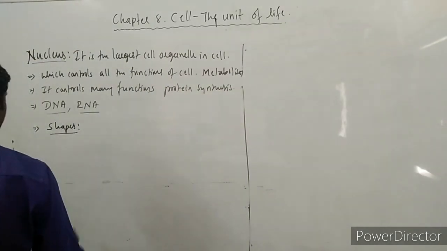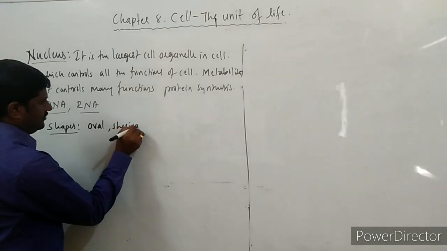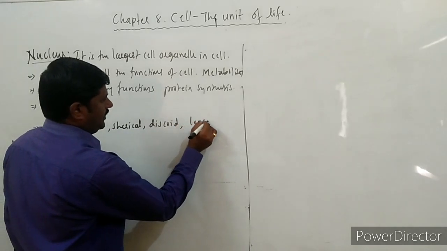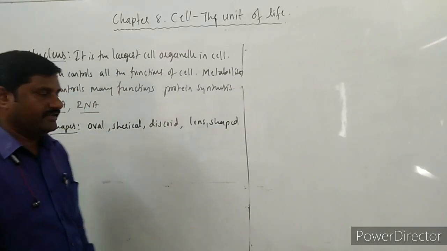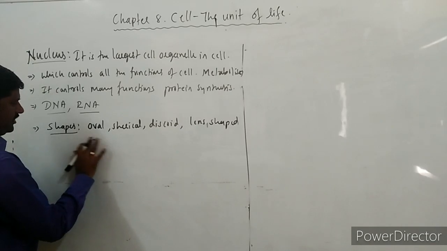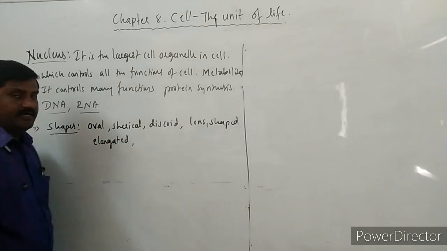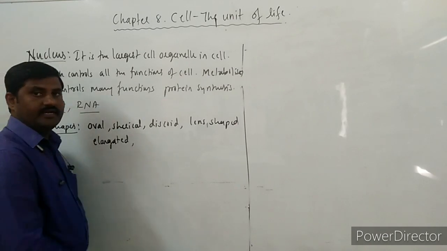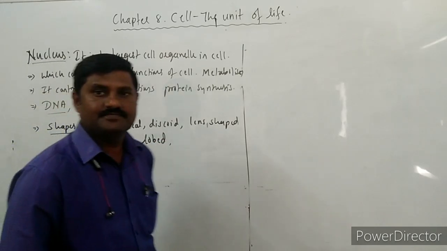There are different shapes that we come across over here: oval, spherical, discoid, lens shaped, especially in the plant cells it is lens shaped, and a little bit elongated in smooth muscles, as you have seen, and lobed in shape in case of WBCs.